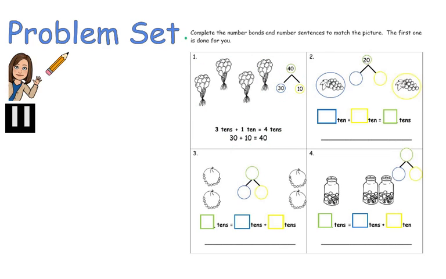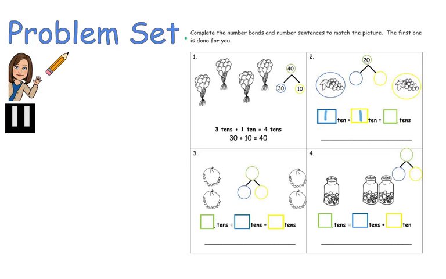Okay, so now we're going to do that. I have circled already your blue group and your yellow. So your yellow part and your blue part. How many tens is blue? 1. How many tens are yellow? 1.